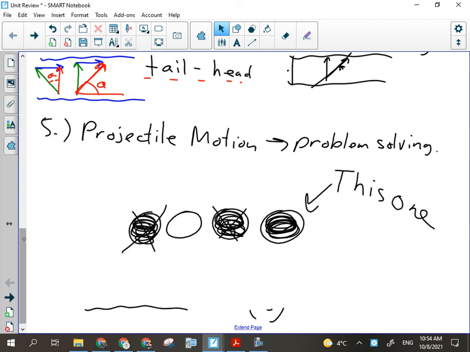Question number 7 is another graphing question. It has 5 parts. Okay, that gives you a pretty good idea of what you need to study, I would think, yes?